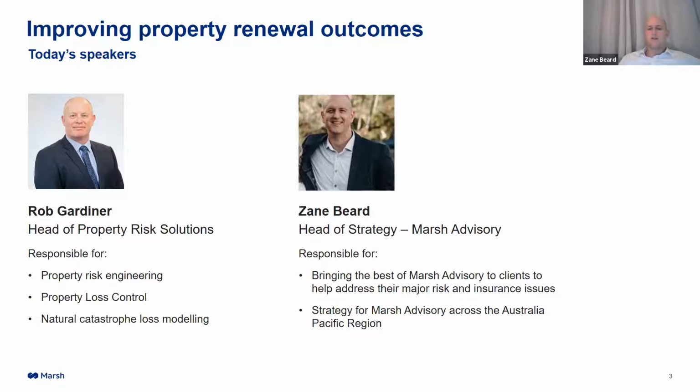My role is across the Pacific region: how can we bring the best of these capabilities to our clients' major risk and insurance issues? We'll both be attacking it from different angles today, Rob specifically on the property, and I'll be adding some thoughts as well.